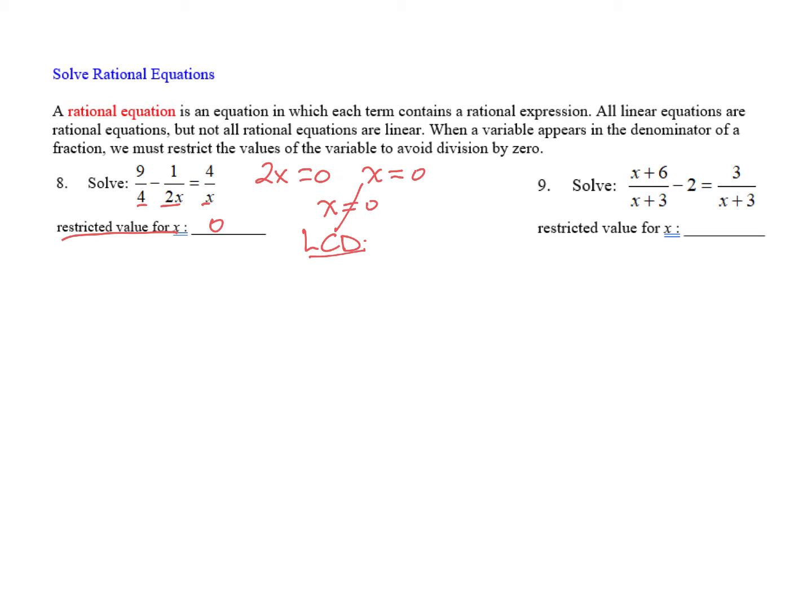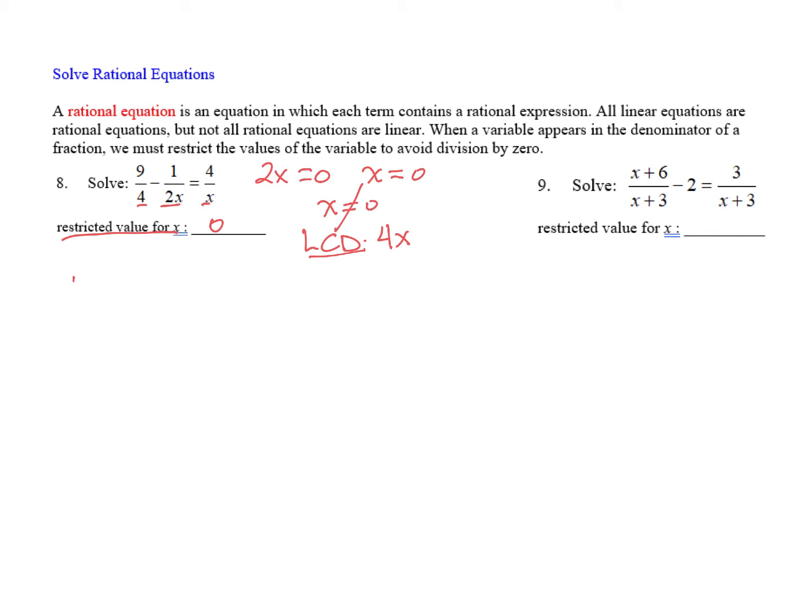That means my least common multiple, or least common denominator, is 4x, because when I multiply, I need to eliminate the denominators. So I need the multiple that involves the numbers and the variables, so that when I multiply, the denominators are eliminated. So let me show you what I'm talking about on this first one.